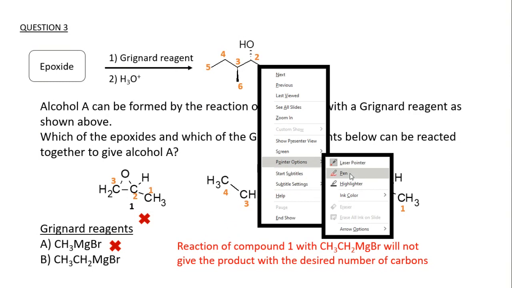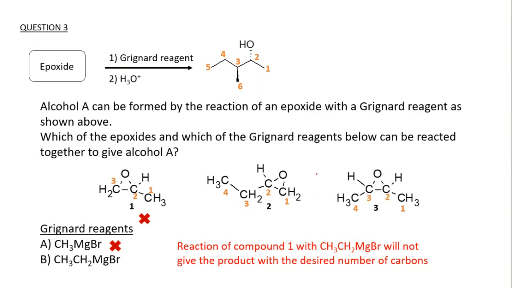Because remember, if our nucleophile comes, it's going to come at the least hindered carbon. So our nucleophile would come here, right? And if we're forming a bond between our nucleophile and this carbon, we need to be breaking a bond.